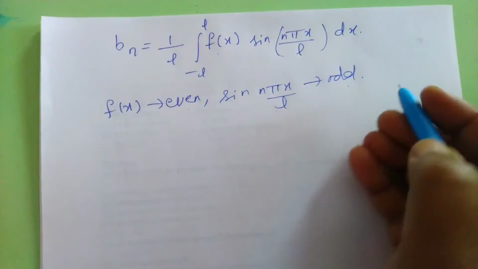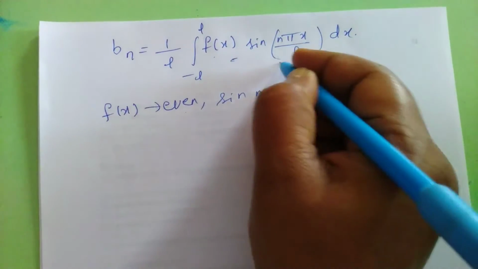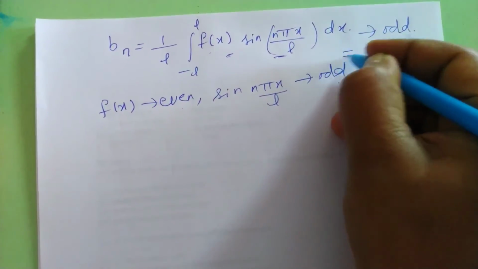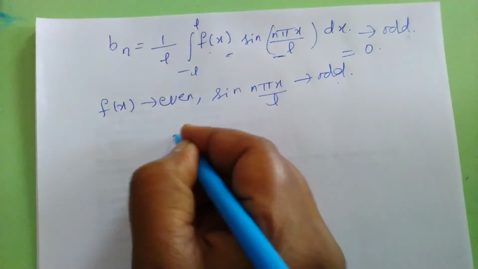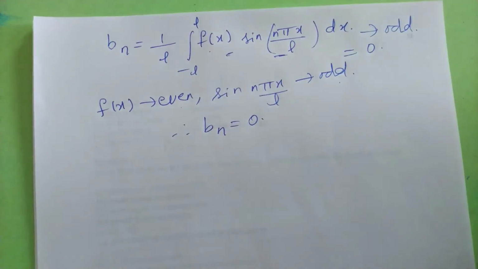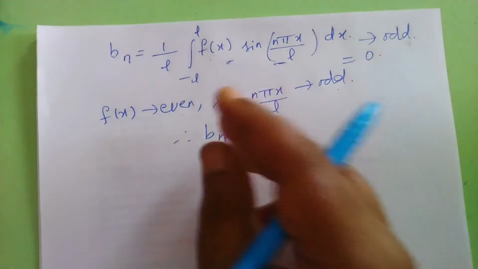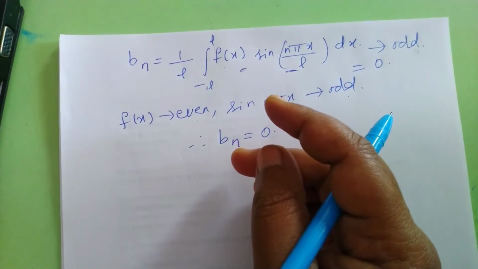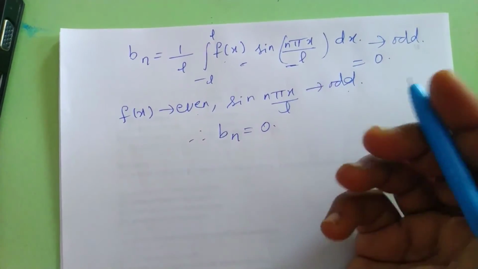The product of an even and an odd function comes to be an odd function. Since it is an odd function, the answer is 0, and therefore this bn coefficient will be 0. This is case 4 that we have done for Euler's formula for an even function.